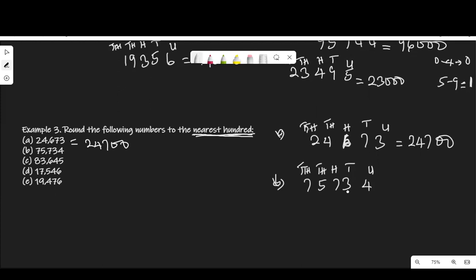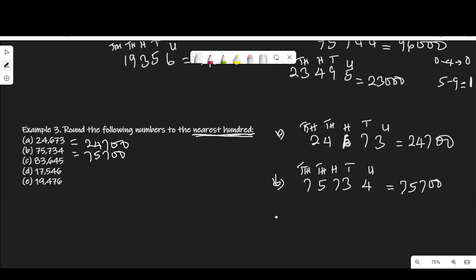The next digit to it is 3. 3 is in the range of 0 to 4, which is not up to 5. Any number in this range round to 0. So this 3 round to 0. 0 plus 7 is 7. So this number to the nearest 100 is 75,700. Okay, that is that for B.